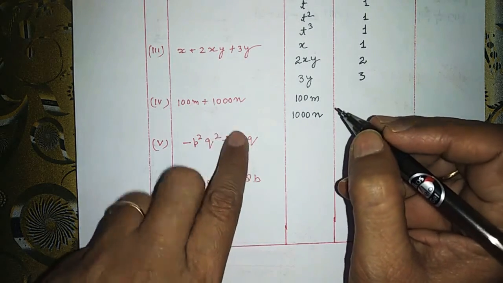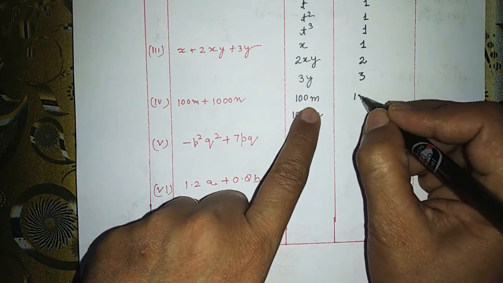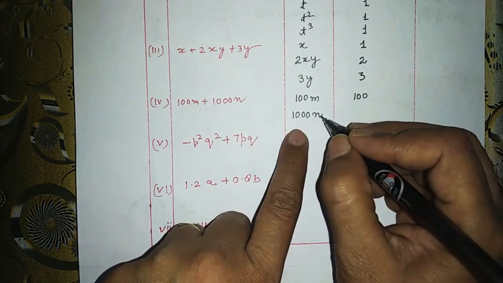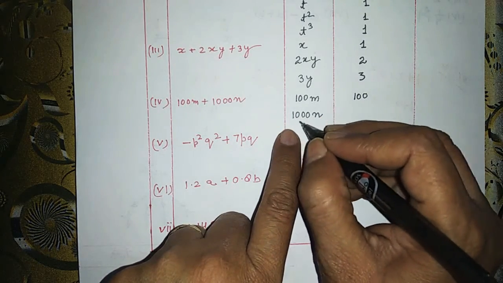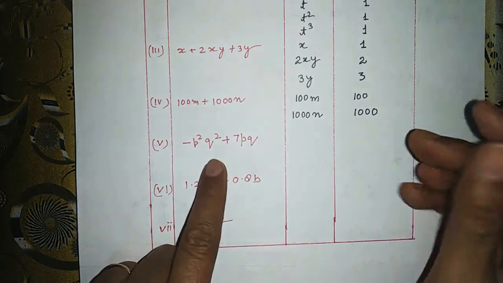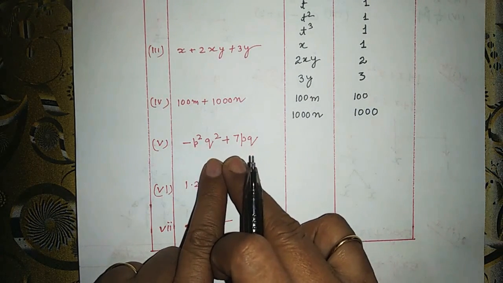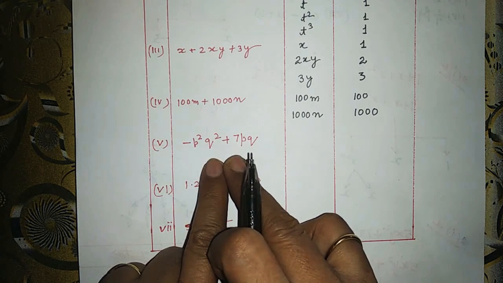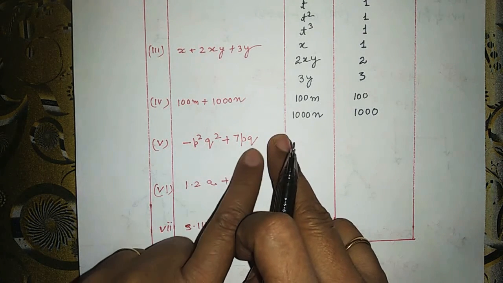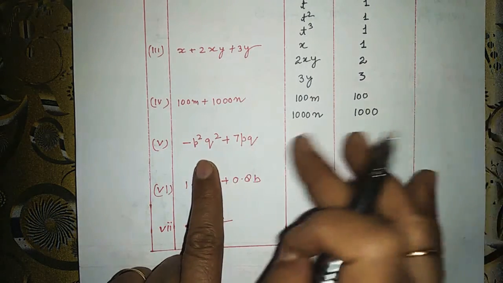The numerical coefficient of 100m is 100 and the numerical coefficient of 1000m is 1000. After this, see the fifth part of this question. Here we have 2 terms and we can't see any constant term.